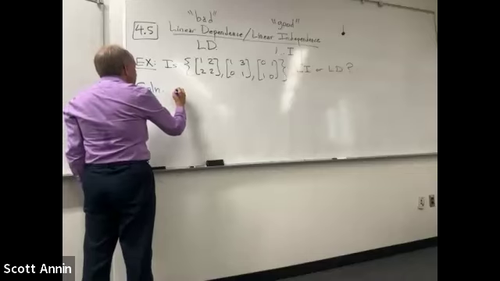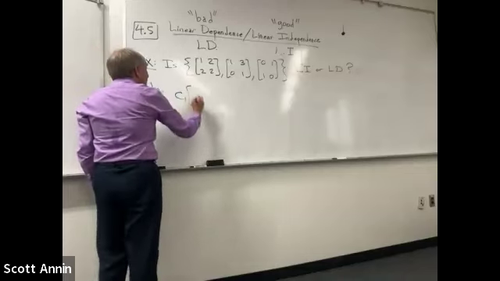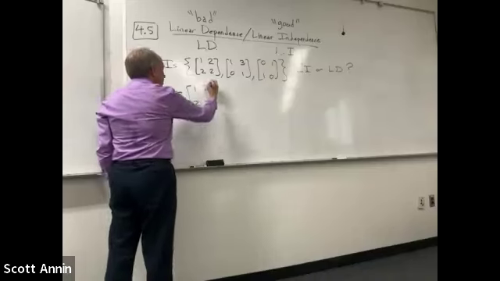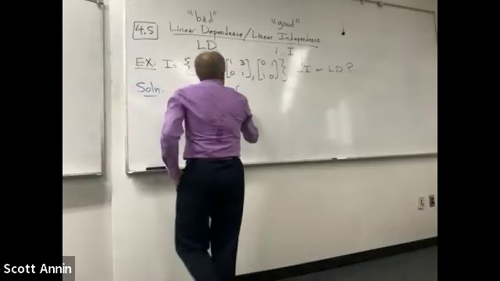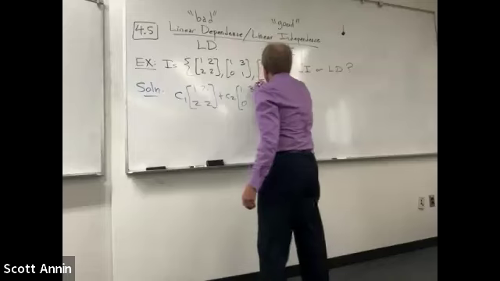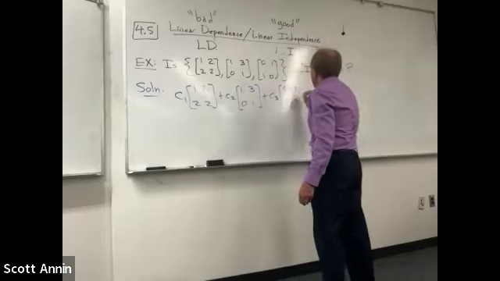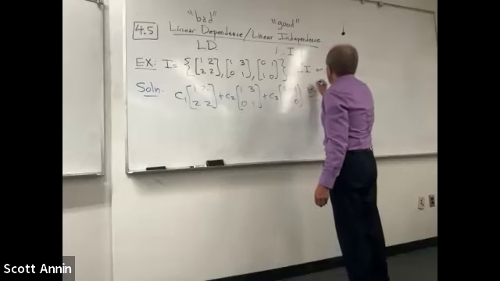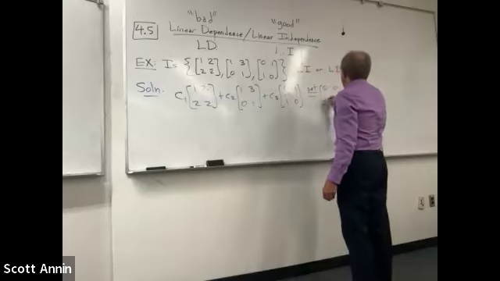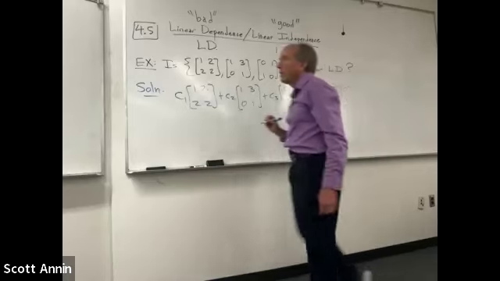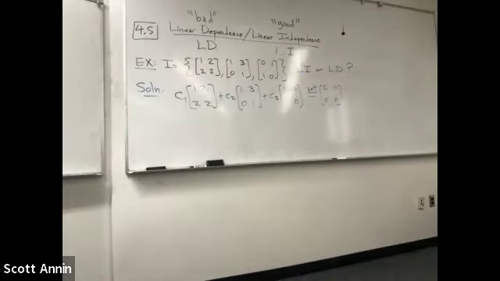Let's set up C1 times the first vector plus C2 times the second vector plus C3 times the third vector, and we're going to set that equal to the zero vector. In other words, I'm just playing with this equation here, which is, of course, the same as the one in the box.